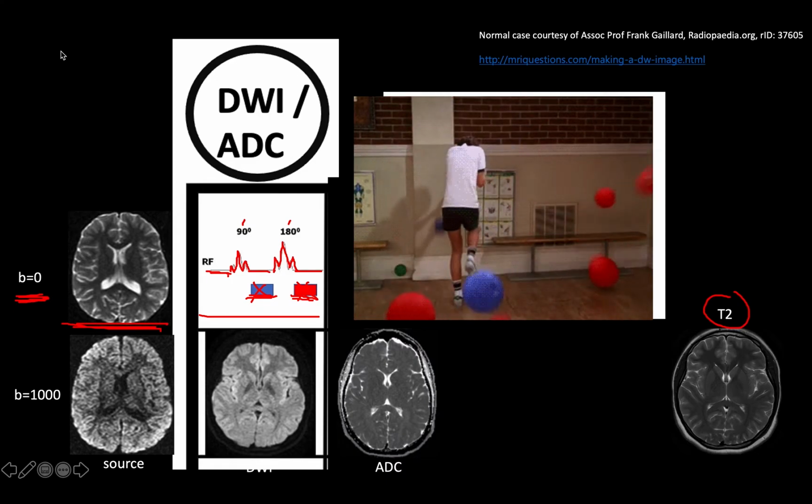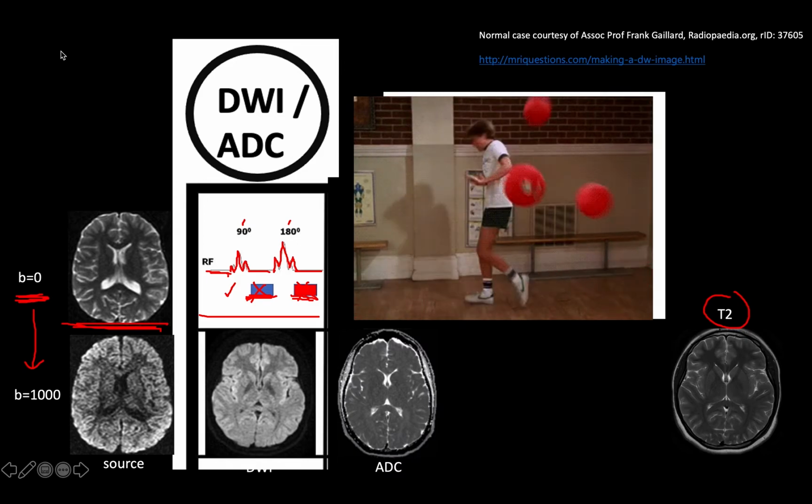The next step for creating the DWI is to create another 90 and 180 pulse sequence, or spin echo sequence, but this time we're going to shoot a blue dodgeball and a red dodgeball.